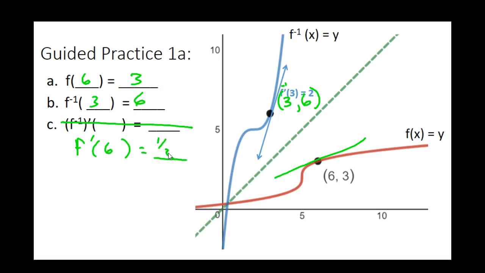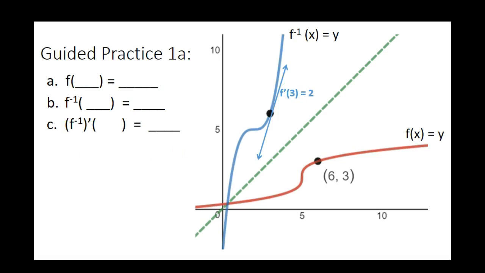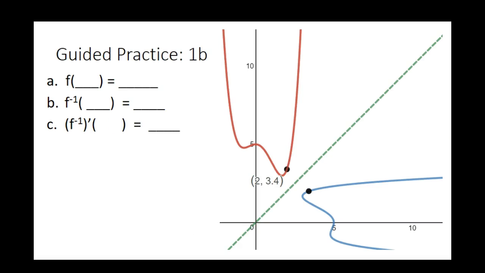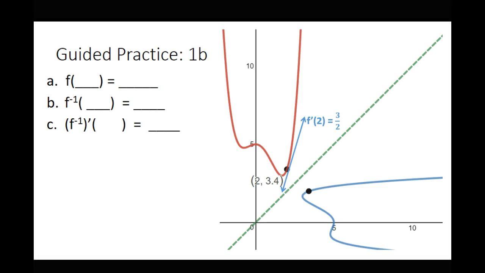All right, let's do another one. Feeling cozy yet? All right, I'm gonna say that this red function here is f. So this is f up here, and then down here we're gonna call this blue function f inverse of x, which is technically not true because that's not a function.